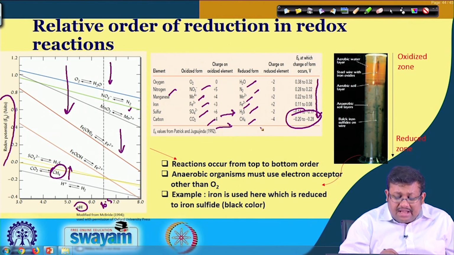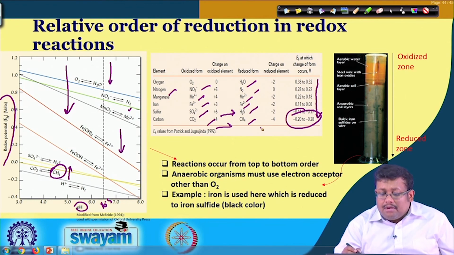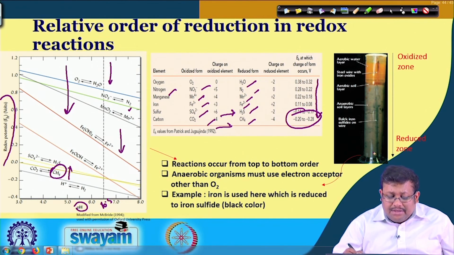This is also called a Winogradsky column, and it shows a clear division between the oxidized zone at the top and the reduced zone at the bottom.